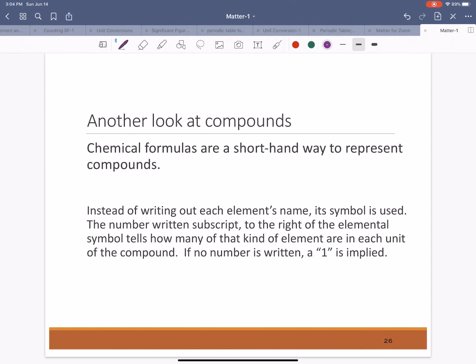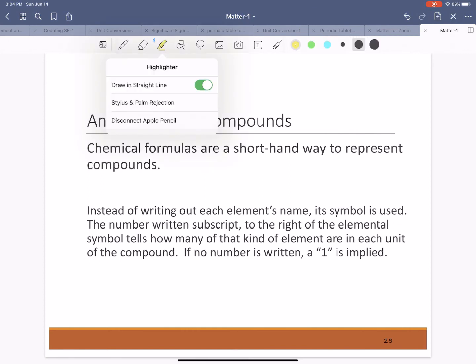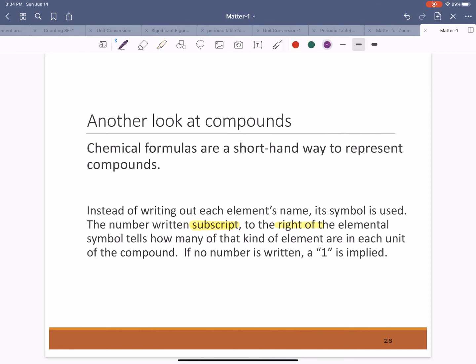Chemical formulas are a shorthand way to represent elements or compounds. Instead of writing out each element's name, we use its symbol. The number written subscript and to the right of the elemental symbol tells you how many of that kind. So one of our compounds there was this one, which is sulfuric acid.